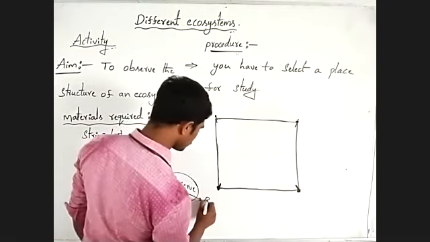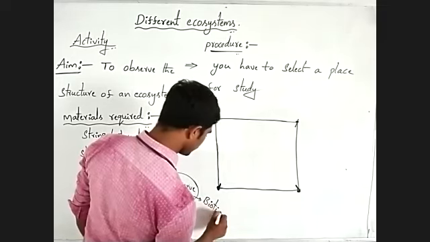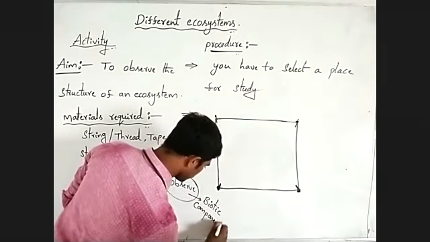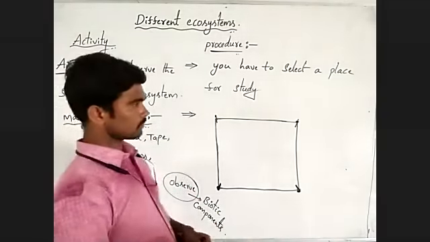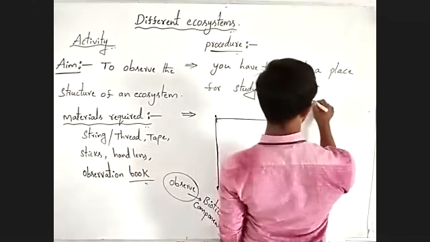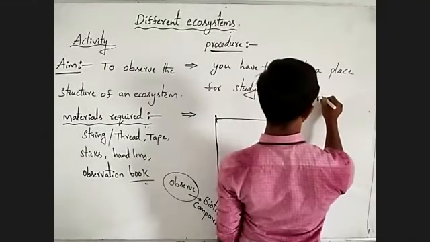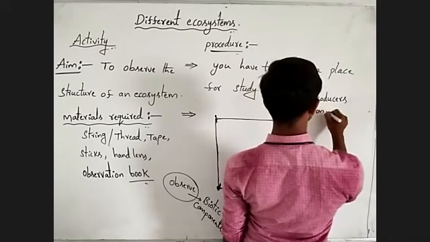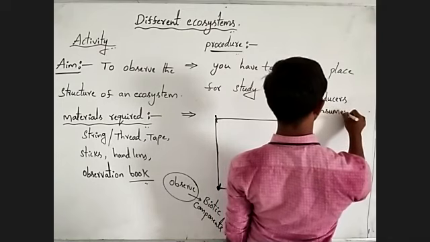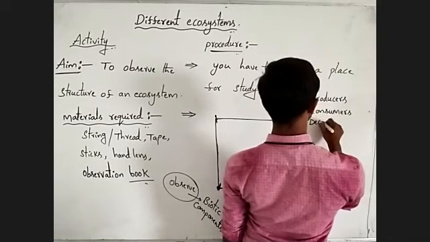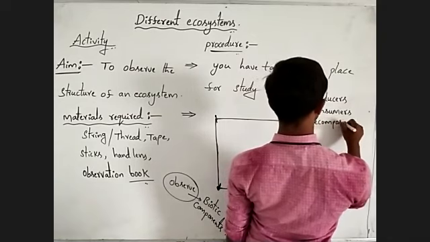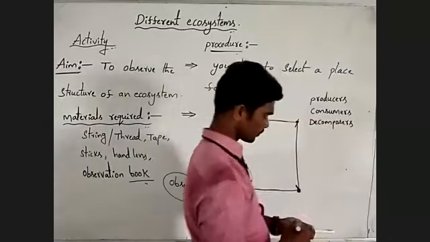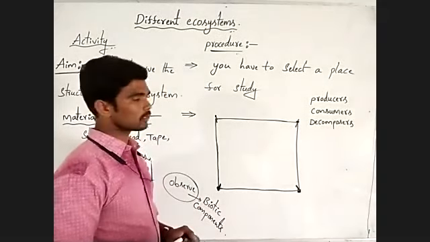Okay. Next, then you have to observe different types of biotic components, means producers, consumers, decomposers.